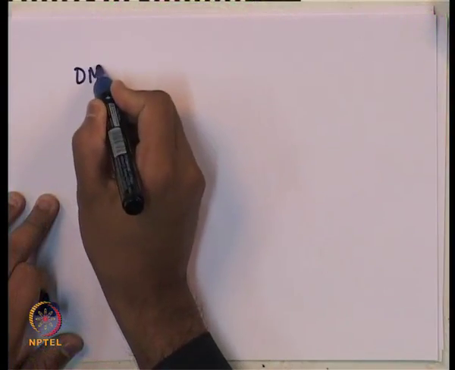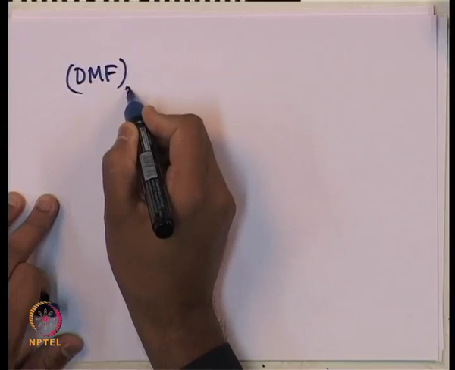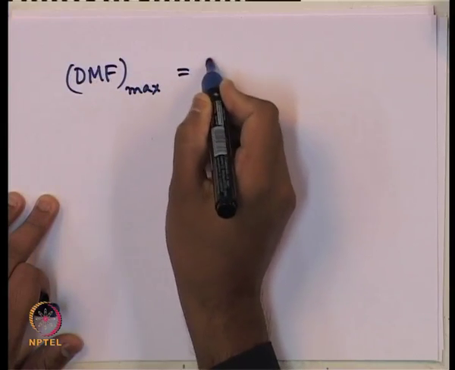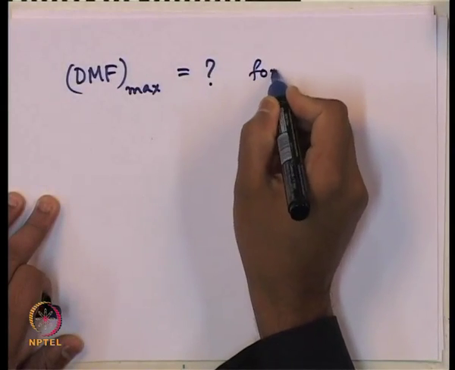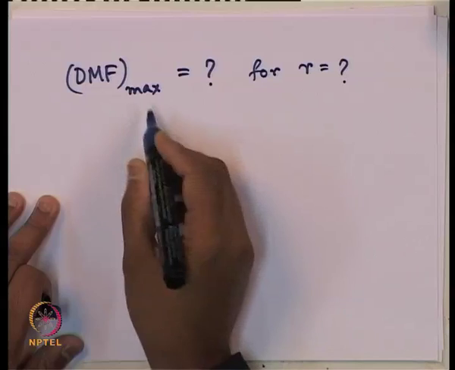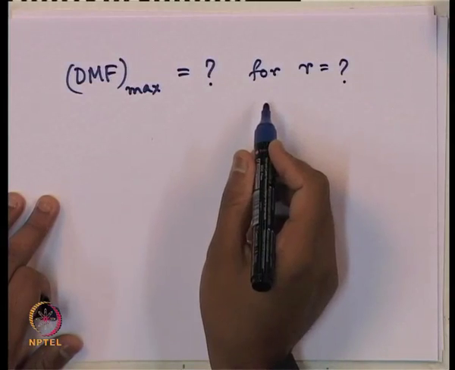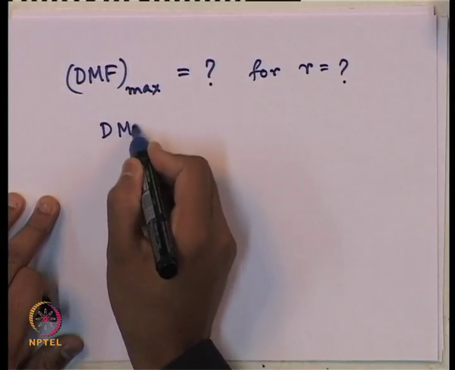We want to know where the dynamic magnification factor is maximum. So, we want to find DMF max, that is, for what value of r that maximum DMF occurs.